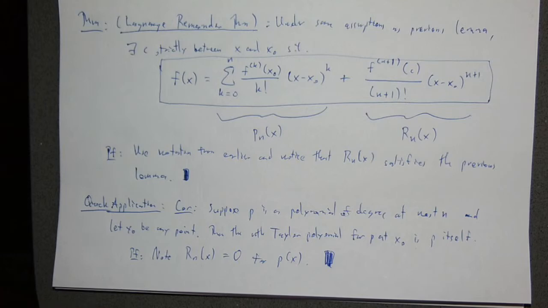And if you started out with a polynomial, it makes sense that the thing that provides a good polynomial approximation is just the thing itself, right? So this is good. This is boding well for our intuition here.